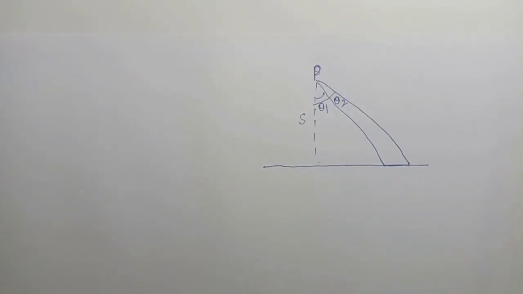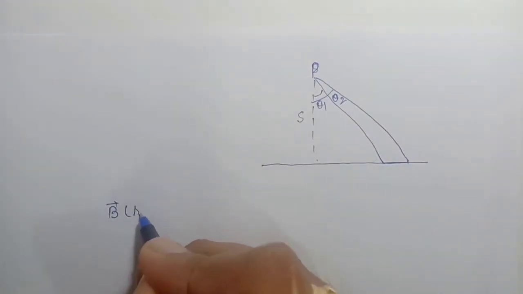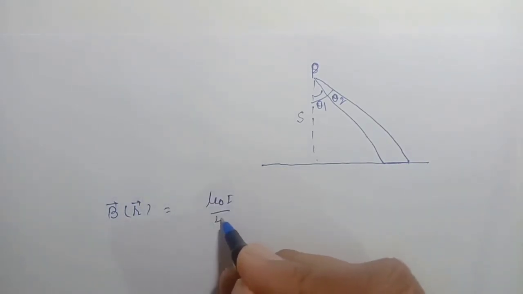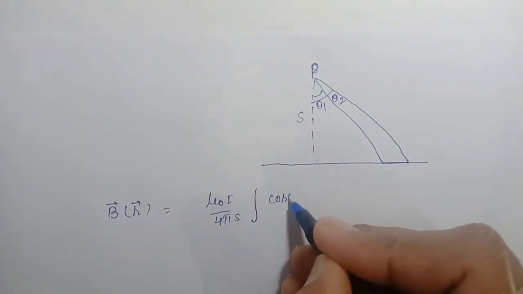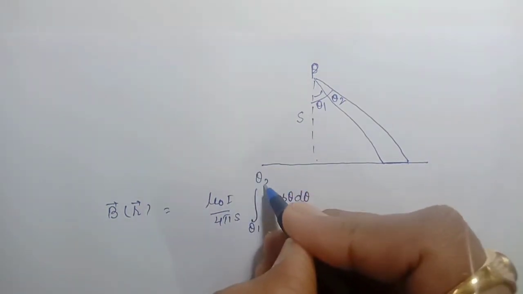That is, suppose the initial angle is theta 1 and the final angle is theta 2, then the magnetic field is equal to mu naught I over 4 pi S, integral of cos theta d theta, and the limit varies from theta 1 to theta 2.